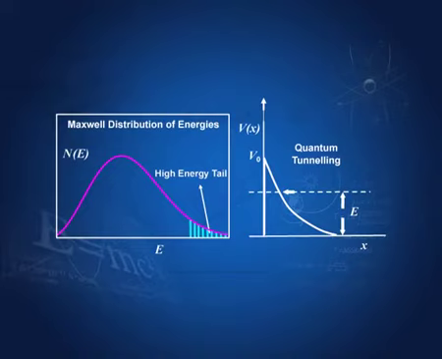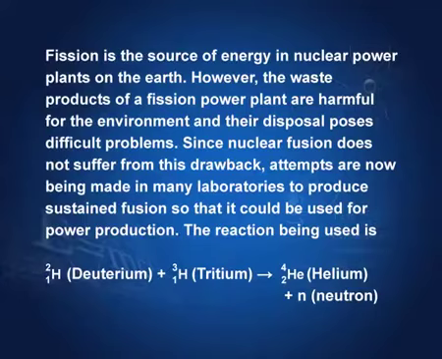The energy of the two protons may be smaller than the potential barrier, but there is a finite probability that they can tunnel through this potential barrier and meet. Fission is the source of energy in nuclear power plants on the earth.